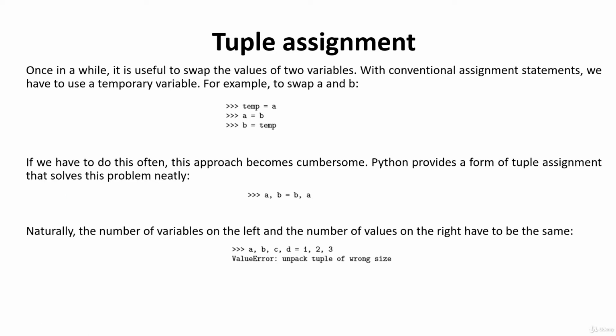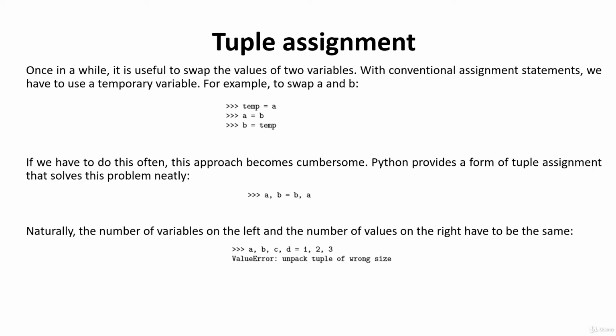Python provides a form of tuple assignment that solves this problem neatly. Like this. The left side is a tuple of variables, the right side is a tuple of values.